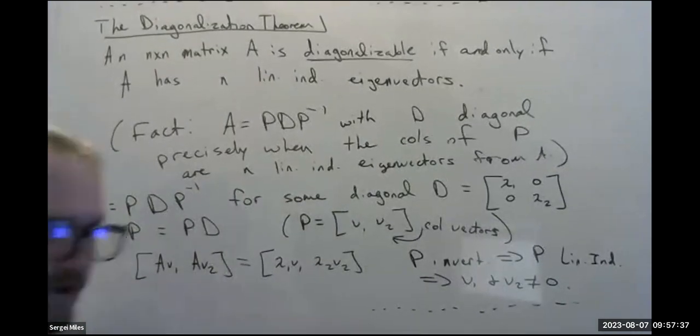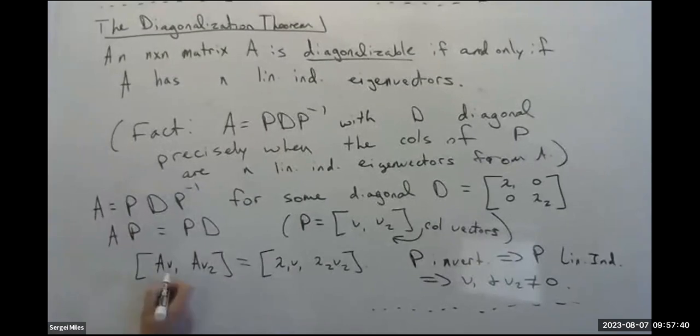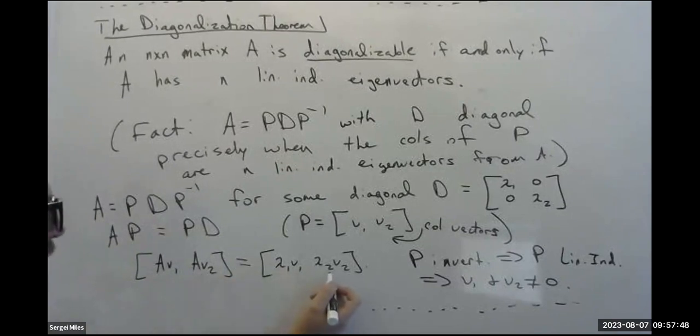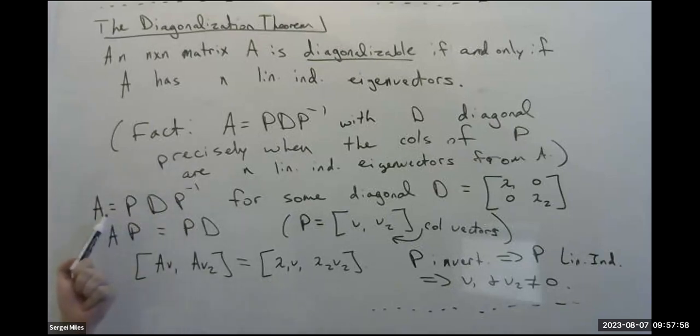Okay. But if V1 and V2 are not 0 vectors, look what happens. A times V1 equals lambda 1 V1. A V2 equals lambda 2 V2. In other words, V1 is an eigenvector because A times V1 is actually just a multiple of V1. So the very structure of this equation, when A equals PDP inverse, implies that you have eigenvectors here.